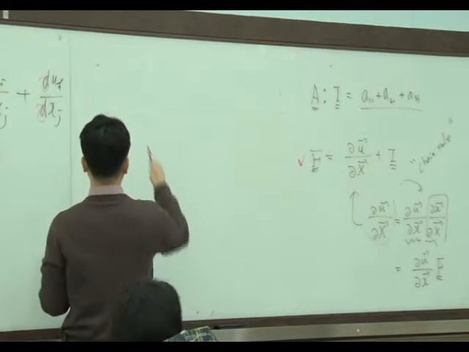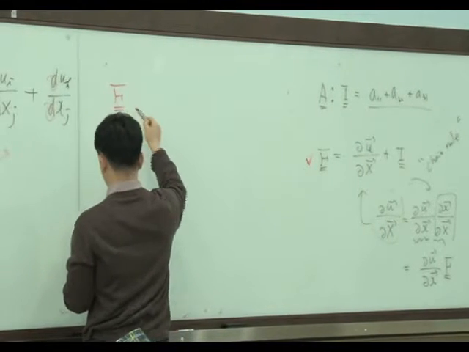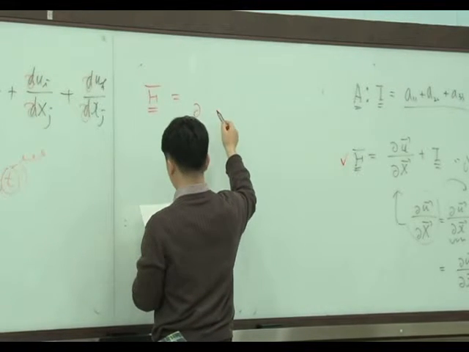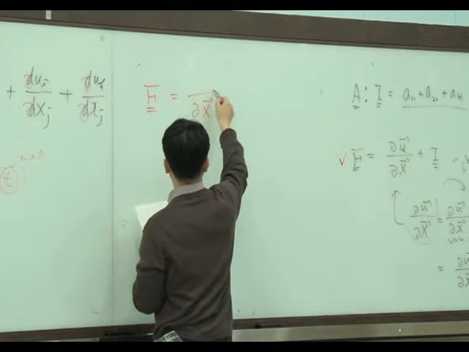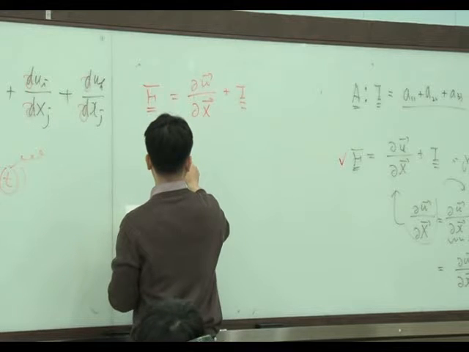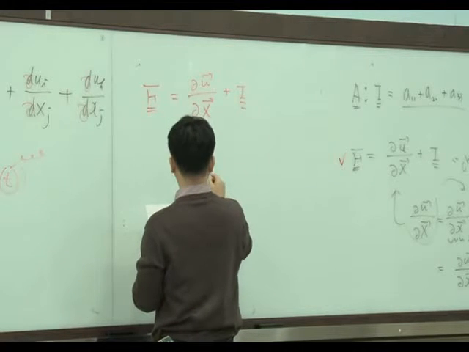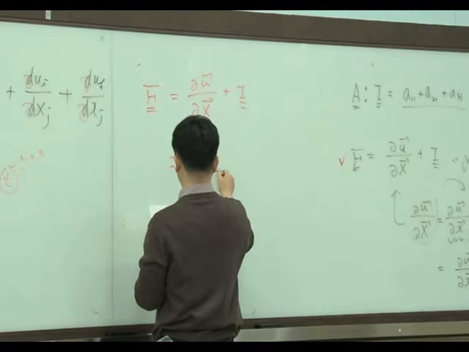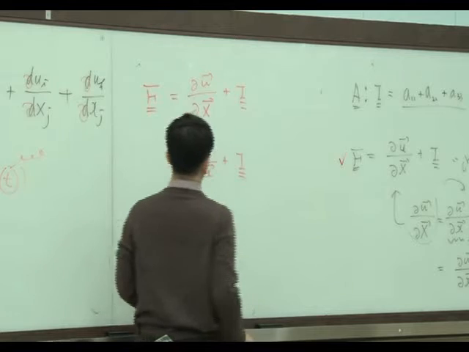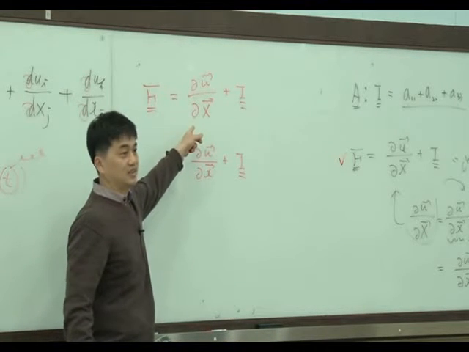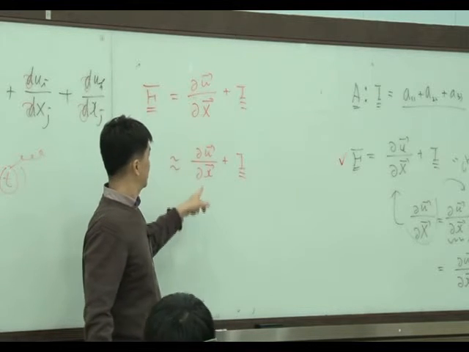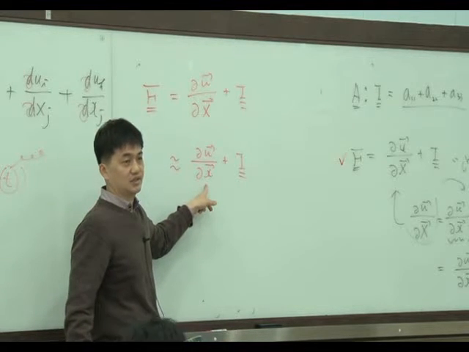The deformation gradient, by its definition, is partial X u plus I, and in small deformation theory it's similar to partial x u plus I. So the only change is that the uppercase X is changed to the lowercase x.